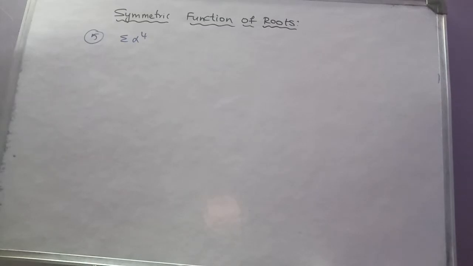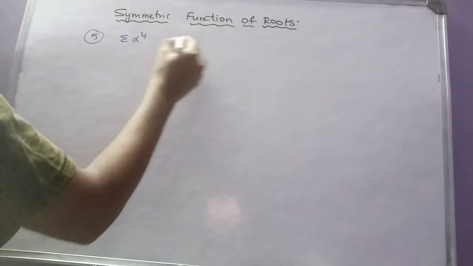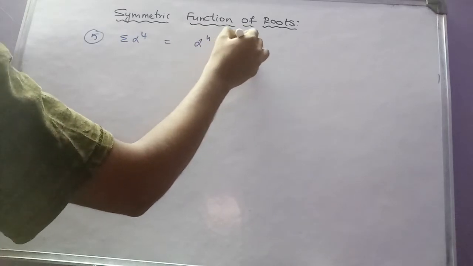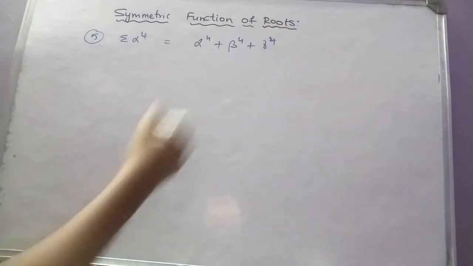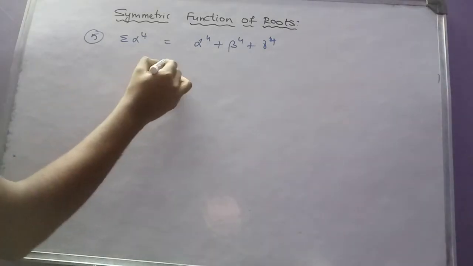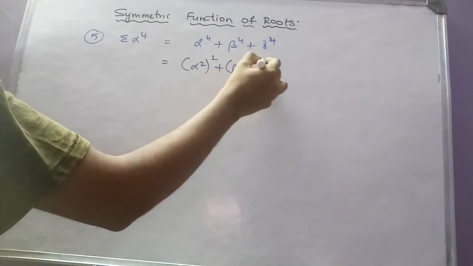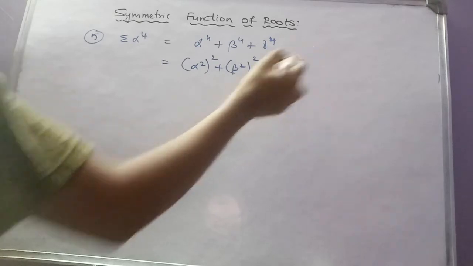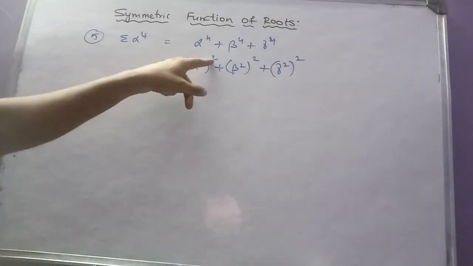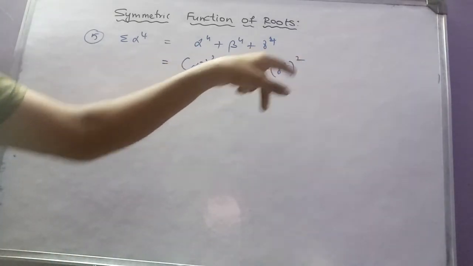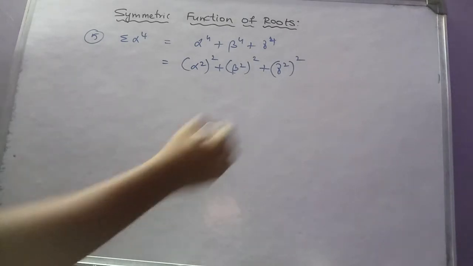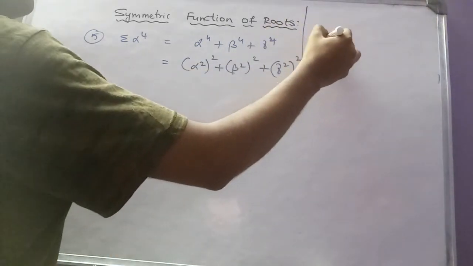What is sigma alpha power 4? This is what we are going to derive. It is nothing but alpha power 4 plus beta power 4 plus gamma power 4. So dear students, can I write this as alpha square whole square plus beta square whole square plus gamma square whole square? It looks like a square plus b square plus c square, right? And I already told you what it is.